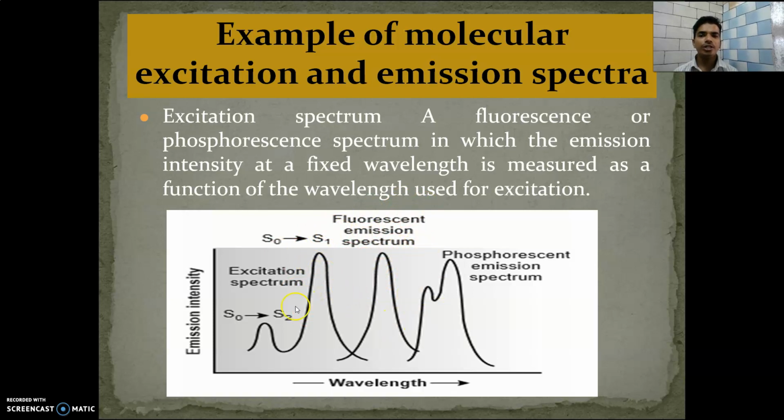These are functions of the wavelength for the excitation. In this case, S0 to S2 and S0 to S1 are the excitation spectrum, and this one is the emission spectrum for fluorescence and this one is for phosphorescence. It is denoted by the fixed wavelengths.